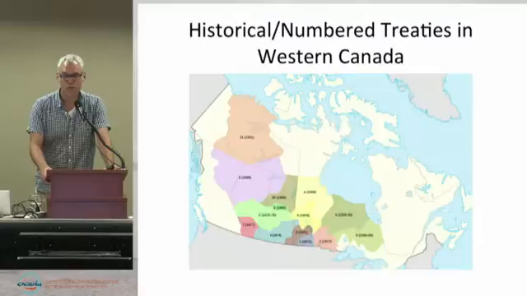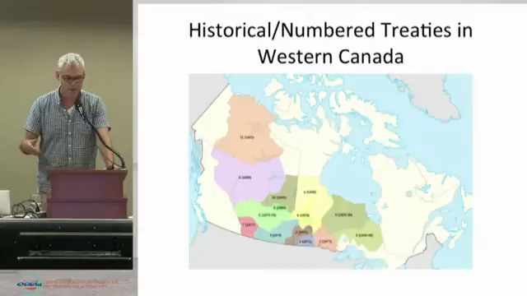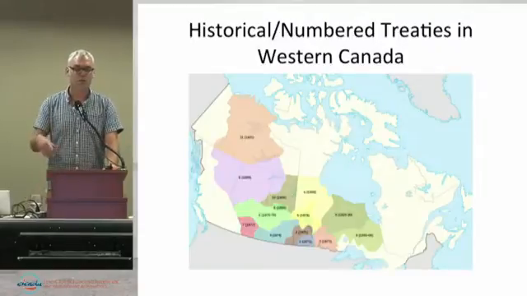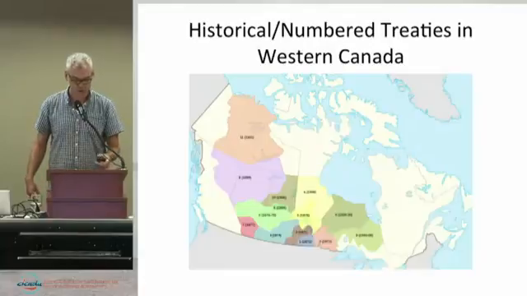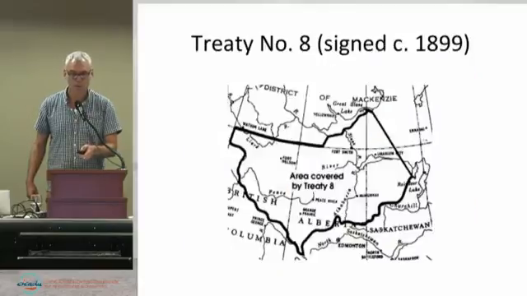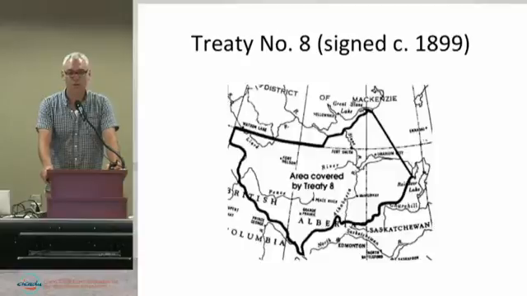These treaties do differ somewhat, but in general they conferred to Aboriginal nations a small parcel of land and some rights that were defined chiefly around hunting and trapping, continued access to natural resources, in exchange for the surrender of this vast, vast territory. And the project that I'm focusing on is in Treaty 8, which I'll focus on in the next slide. So the Treaty 8 area covers most of Alberta and chunks of adjoining jurisdictions.